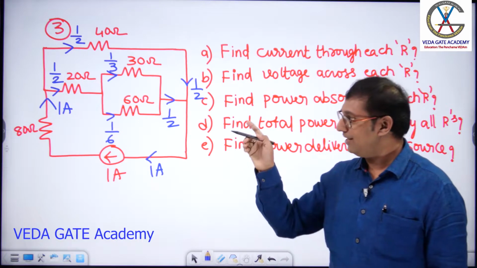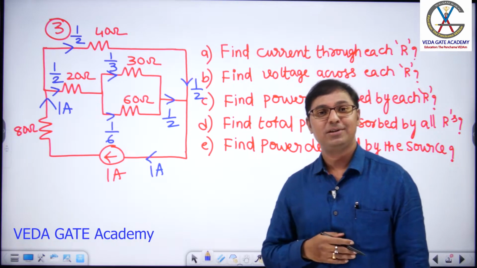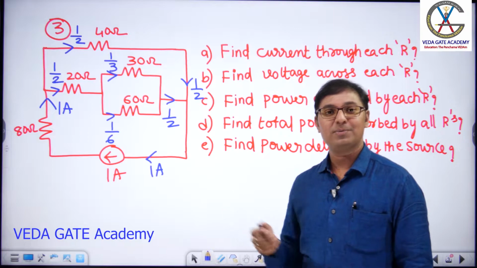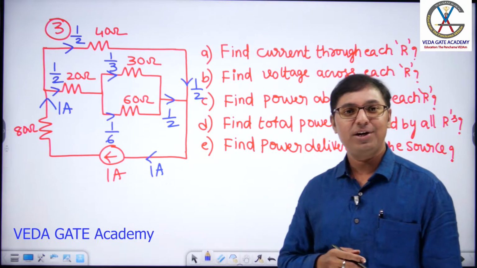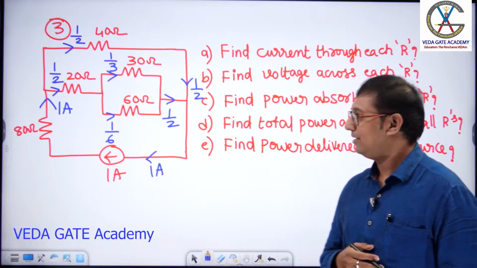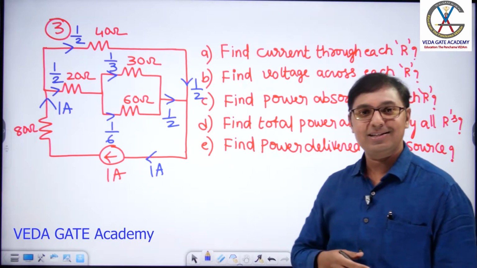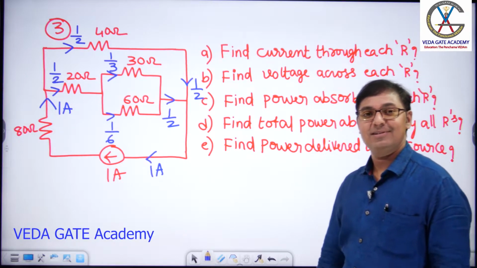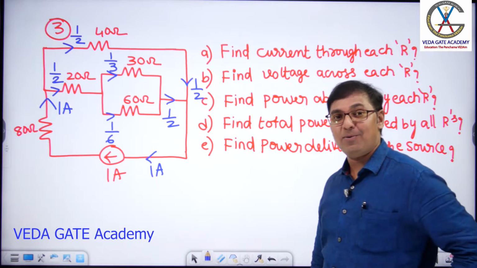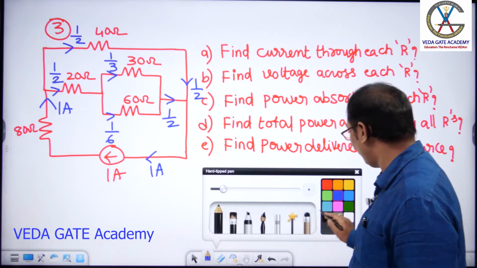Current through each R, yes, this is known to us now. Voltage across each R, by Ohm's law you can calculate. Power absorbed by each R, just I square R or V into I you can calculate. Total power absorbed by all R's you can easily calculate. Can you calculate power delivered by the source? Not possible, sir. Why not possible?